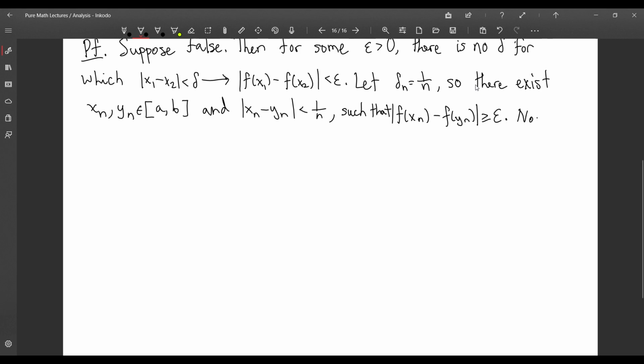Now, since the sequence x sub n is a subset of [a, b], it is a bounded sequence.